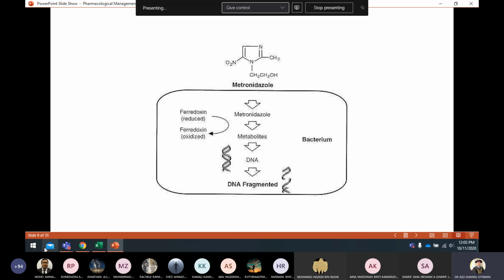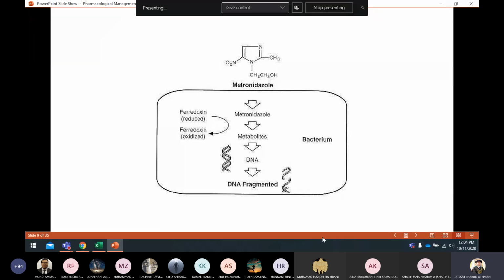It works by breaking the DNA helix, and its ability to act in anaerobic bacteria is dependent on this process here, which is mediated by an enzyme. I don't remember the name; I think it's ferredoxin oxidoreductase. You can Google that up.